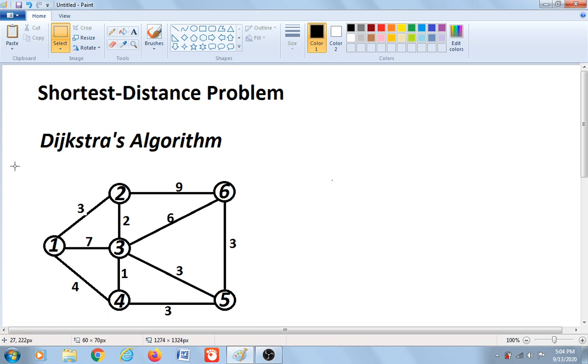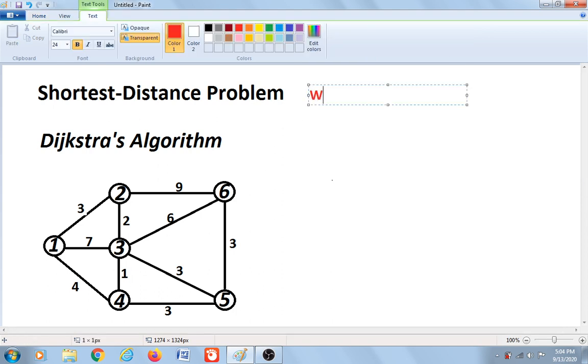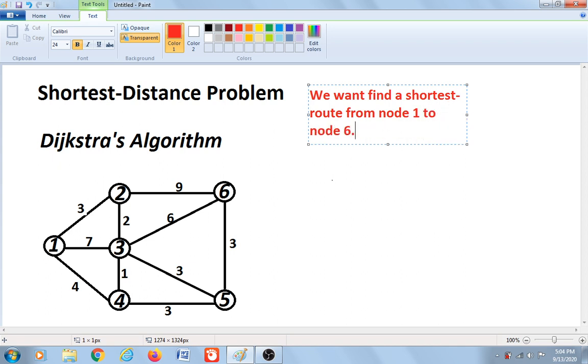network. So here we have a network, and in this network, we want to find a shortest route or distance from node 1 to node 6.